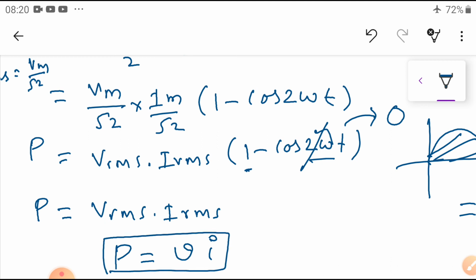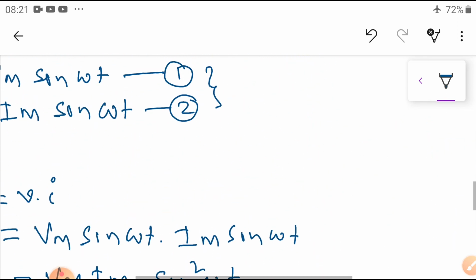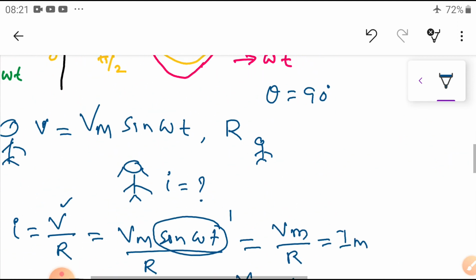Dear students, this is the behavior of pure resistance connected in the circuit. The frequency of the fluctuating power we have already seen; it becomes 0 on average at double frequency. Let us conclude what we have seen in pure circuits; we will see the circuits one by one.